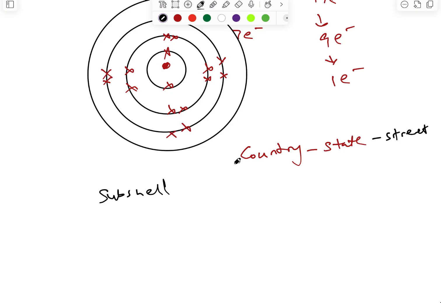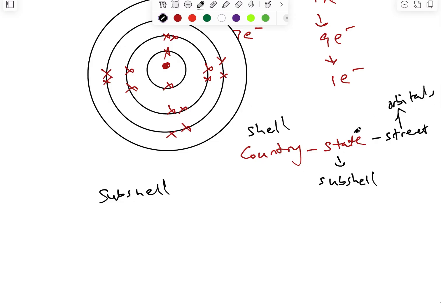So what I'm trying to say is that the probability of finding electrons in an atom increases as you move from the country, which is the shell, to the state, which is the subshell, and you go to the street, which is called the orbital.